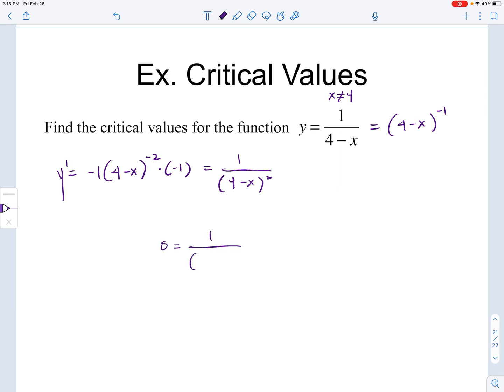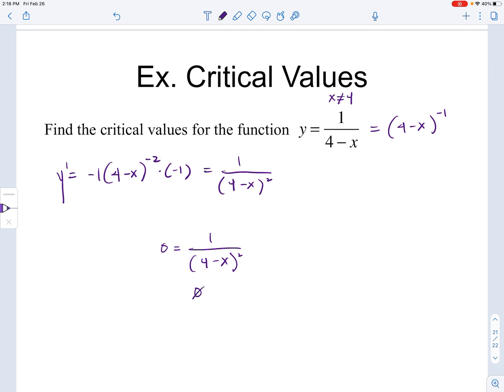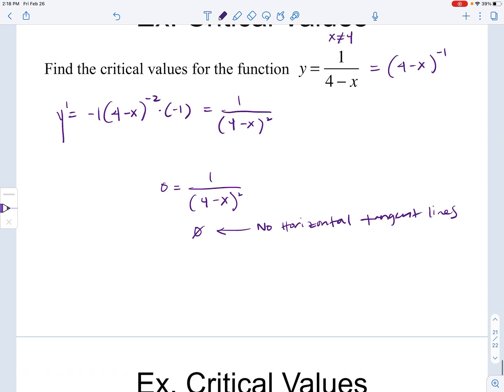If we set that equal to 0, there's no real solution. No horizontal tangent lines. Okay. The only value that would make our derivative undefined is 4, but 4 can't be a critical value because it's not in the domain of the function.